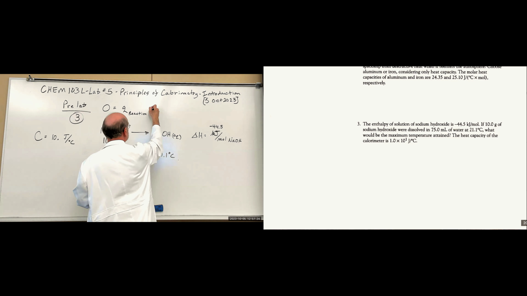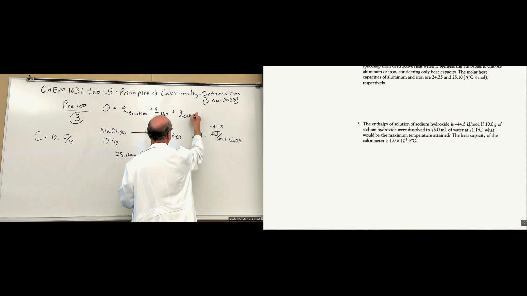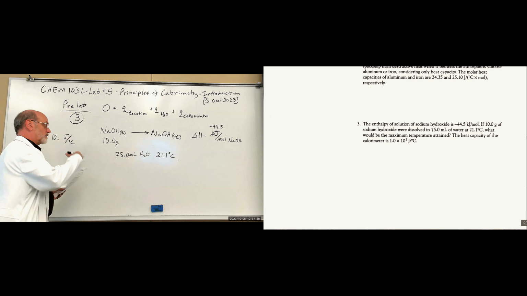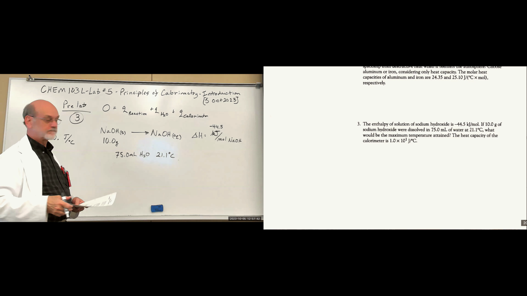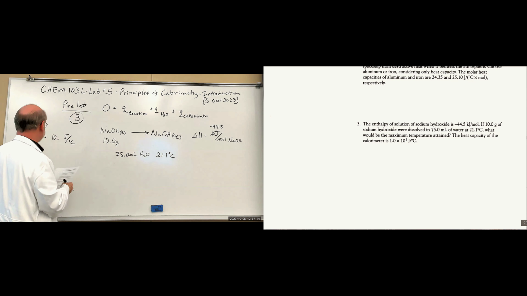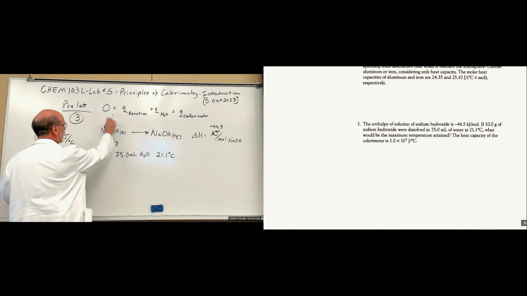There's going to be a heat change that's absorbed by the water, and a heat change that is absorbed or transferred involving the calorimeter. Okay? All right. So I didn't leave myself much room, did I? I'll put part of it up here then.